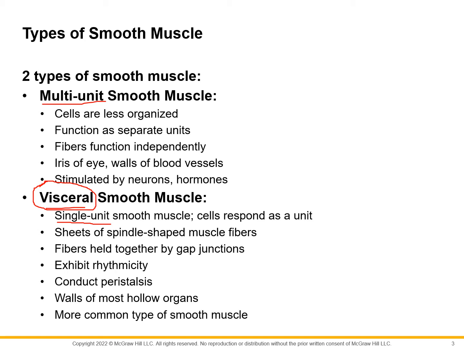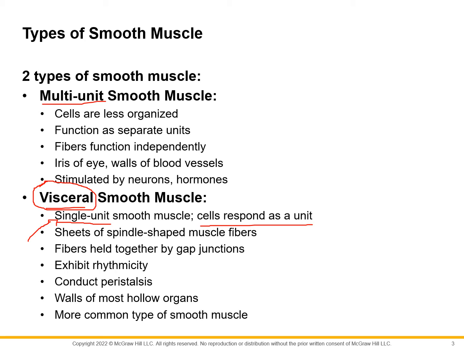These cells respond as one unit. That's why it is called single unit smooth muscle. So the muscles inside the stomach that make up the lining of the stomach, while there are millions of these smooth muscle cells, they work as one unit.